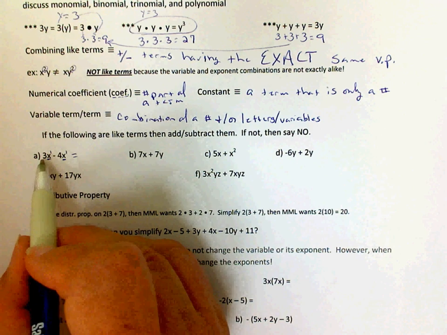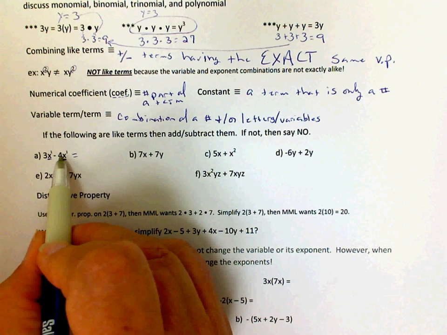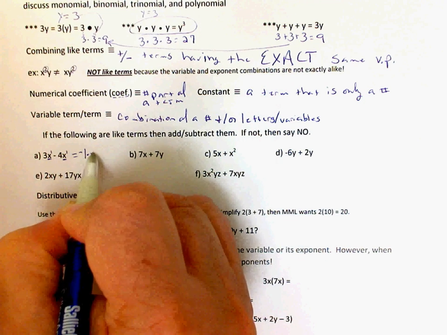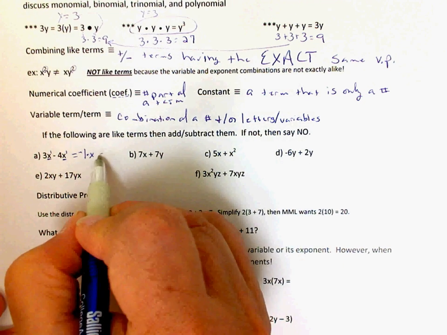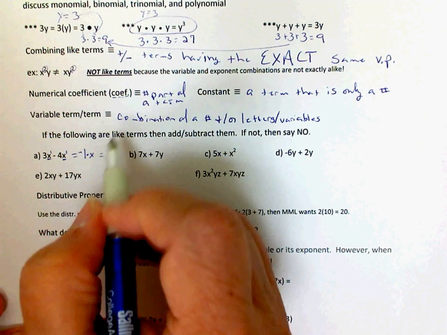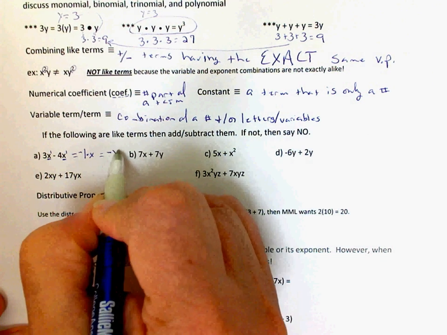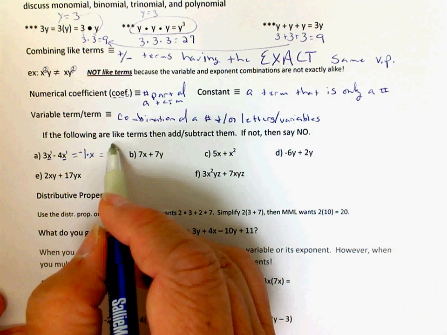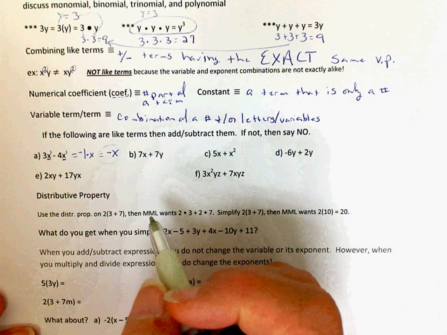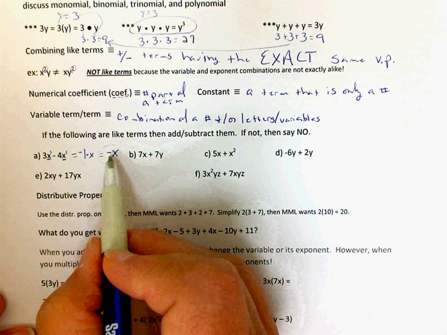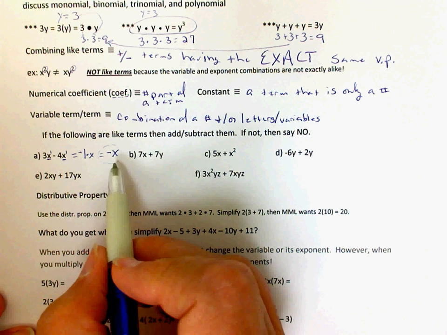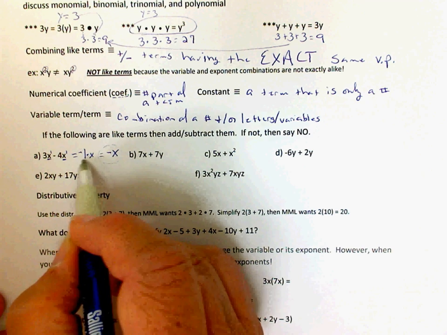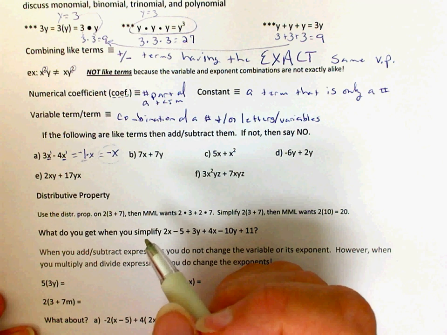And 3 minus 4 would give us a negative 1 times x, which is the same thing as just negative x. Believe me, this fact is coming back. So if you get a negative x and they ask you what the coefficient is, you have to realize that the coefficient is negative 1.